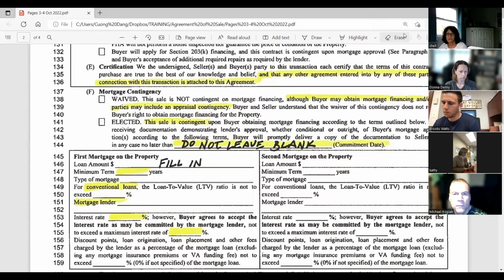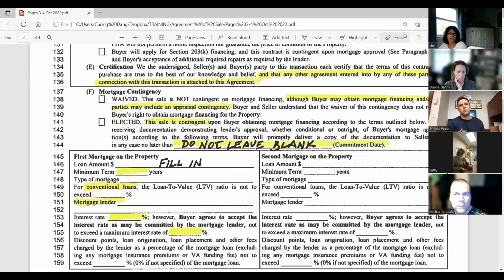I have another question. Can I go back a little bit to that part where if they're going to pay cash, but then they do decide that they want to get financing? And you had brought up that within 7 days, they have to make their mortgage application. What if we're a little bit longer into the contract and it goes beyond 7, are they still allowed to get a mortgage?